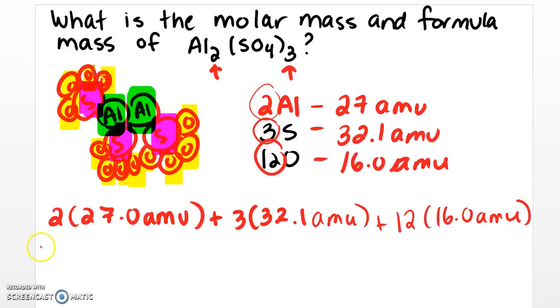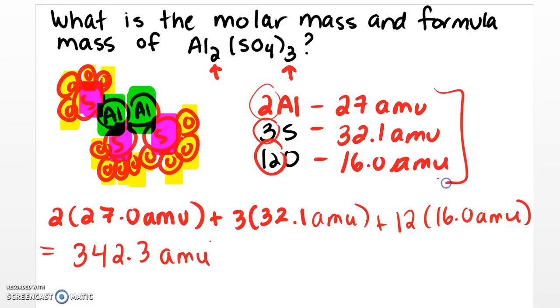So if we put that in our calculator and add it all up, you would get 342.3 atomic mass units. Now the numbers that come from the periodic table do not limit your sig figs, but I'm going to go with 1 decimal point because these numbers here have 1 decimal point.